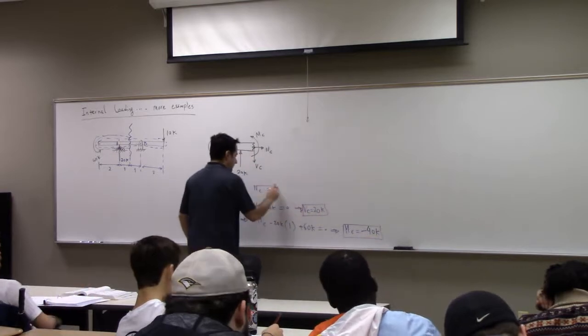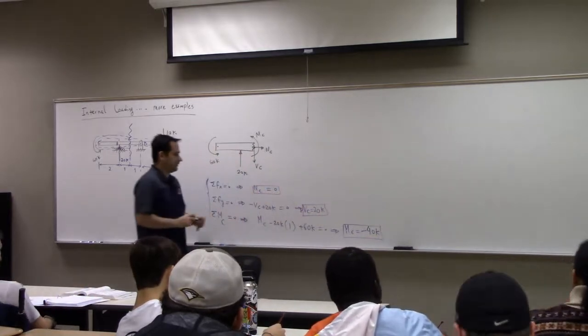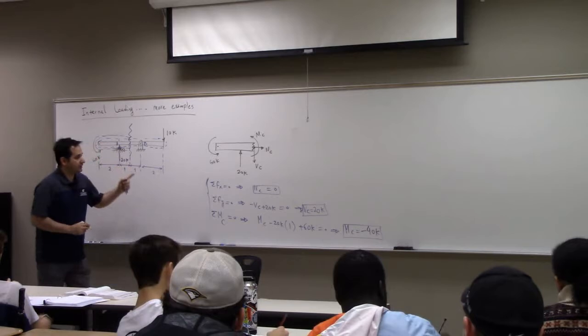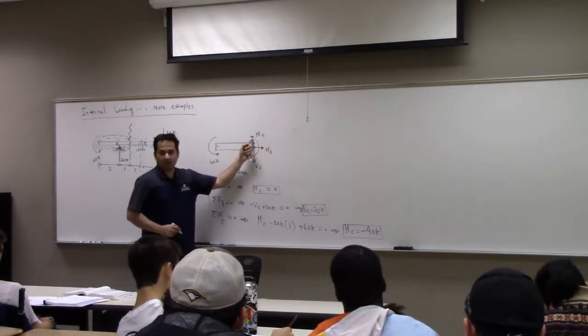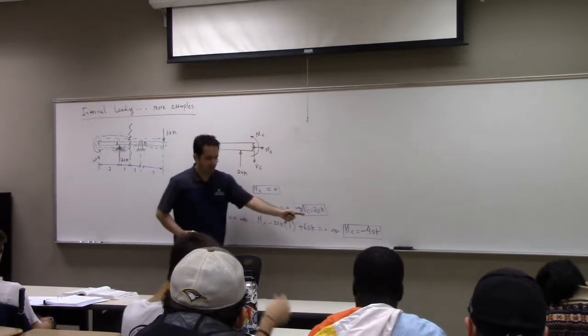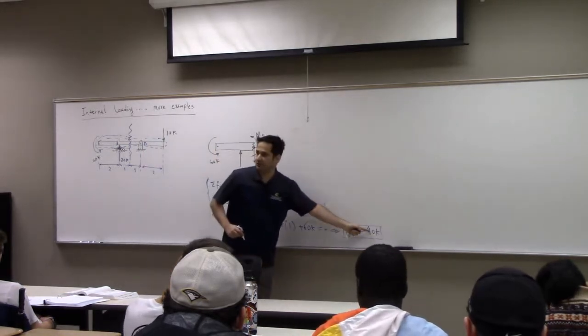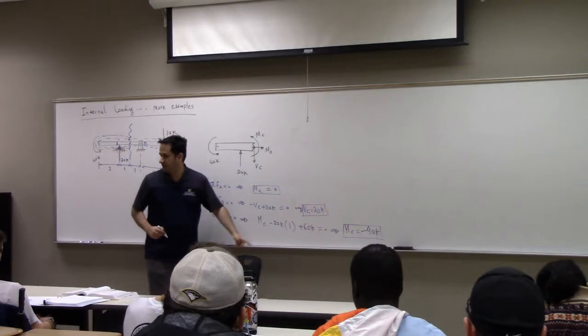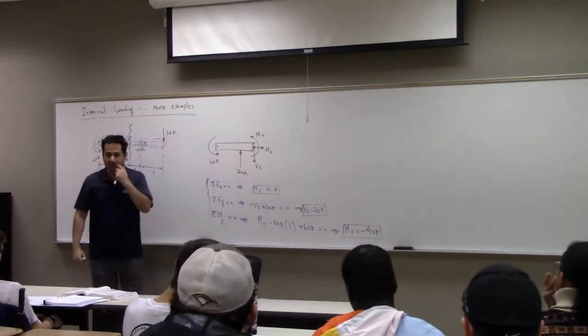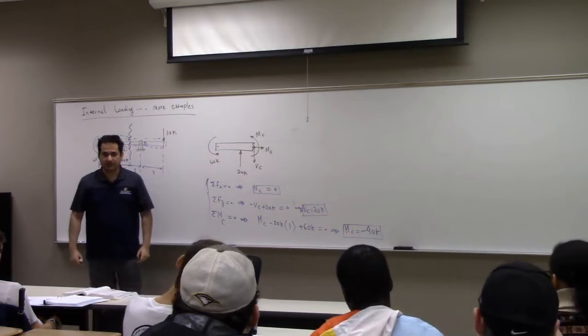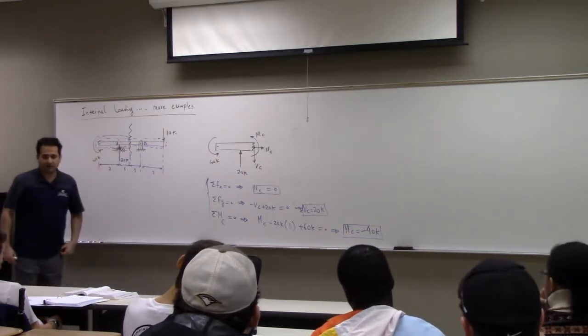So these are internal loadings. So you have 3 components here. This one is 0. This one is negative 40K. You can either just report it like that, or you can say positive 40K and it is in the other direction, right?